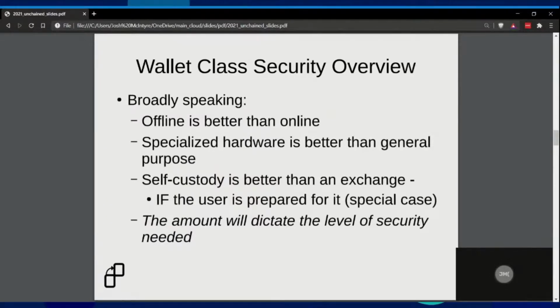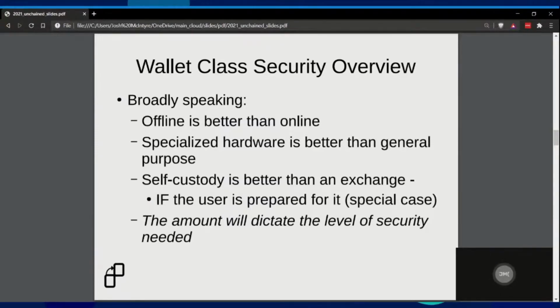Broadly speaking, offline storage is going to be better and more secure for the long term than online storage. So if you're storing large amounts of money, savings, and especially money that you're not going to interact with for some period of time, offline cold storage is going to be better than online storage.